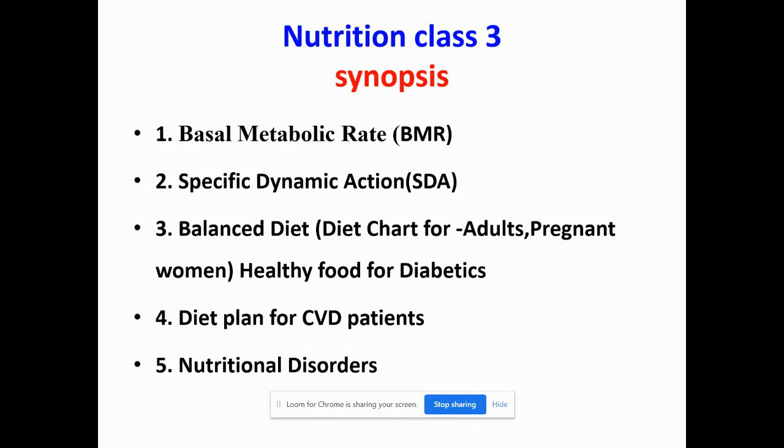I hope you remember these things. We also discussed the quality of proteins and how we can assess the quality of proteins, the definition of RDA, energy requirements, and factors affecting energy expenditure. These are the seven topics we saw in the last lecture.